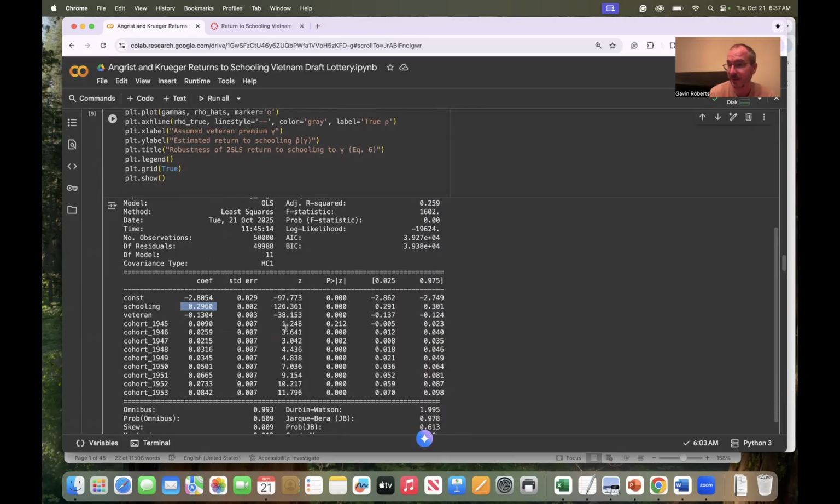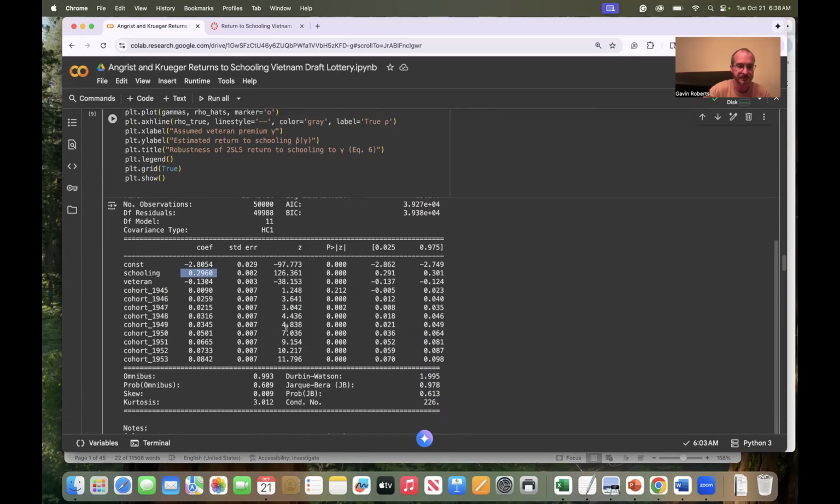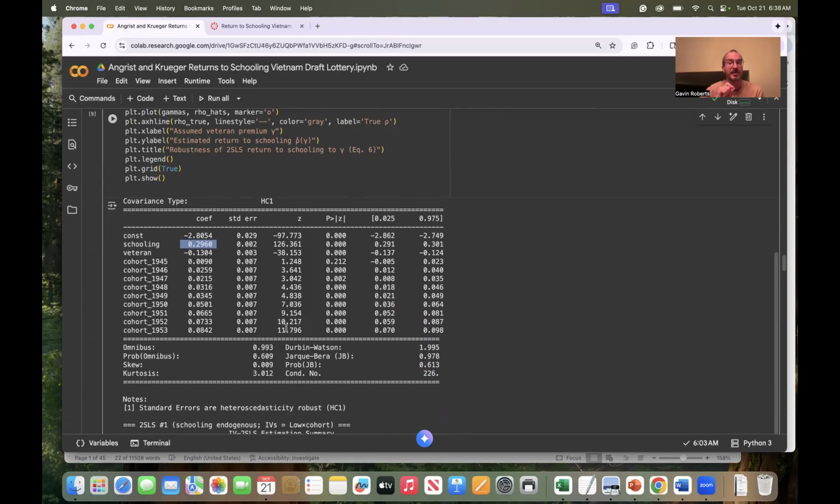Theirs was biased downwards, remember, but ours is biased upwards. That's because we've simulated the ability bias more than any measurement error issue. And that's why, because ability bias is going to lead to too big a return to schooling. Measurement error, namely using school as a proxy for education, will lead to too small an estimate of the impact of education on earnings.